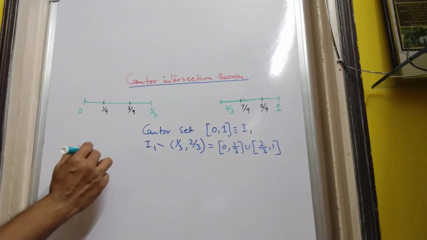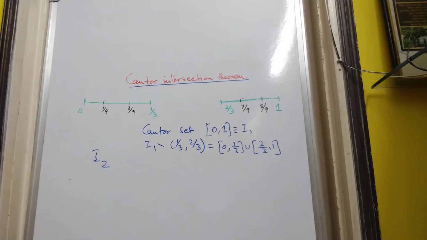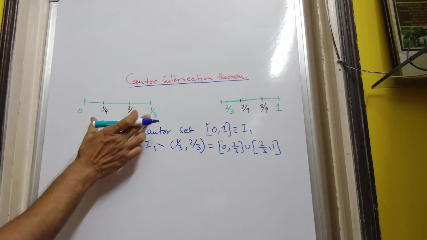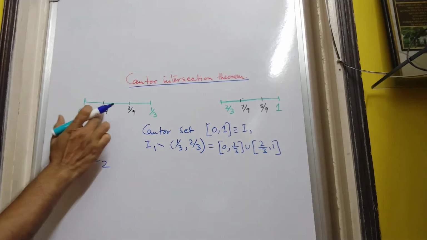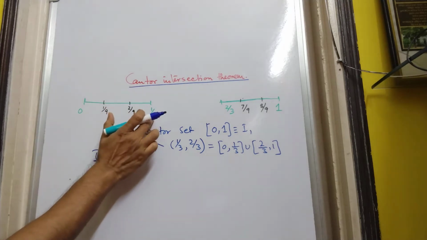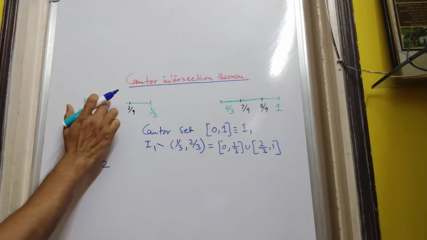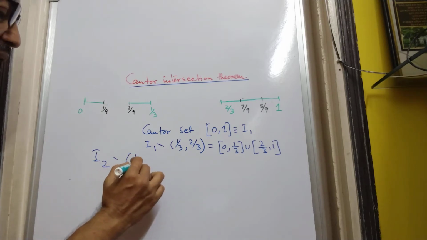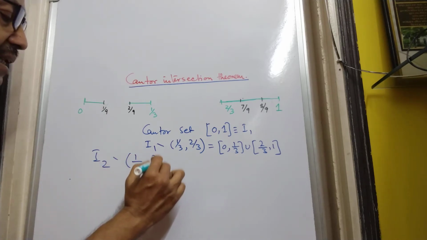In the next stage, I2, we remove the middle third of this 0 to 1/3. So obviously this is 1 by 9, this is 2 by 9, and this is actually 3 by 9. And we remove the middle third, which is nothing but 1 by 9 to 2 by 9.